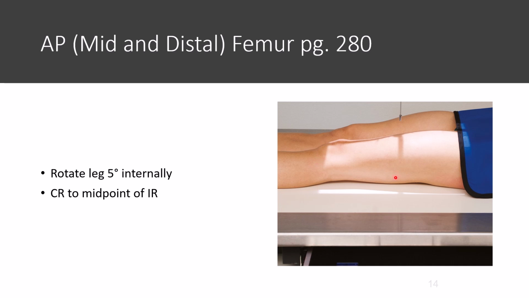In this image, you have to display at least the distal 2/3 of the femur, including the knee joint. And the knee joint is not going to be open because of the divergent x-ray beam, and you're not angling the central ray. Okay, so this is an AP distal femur on page 280.